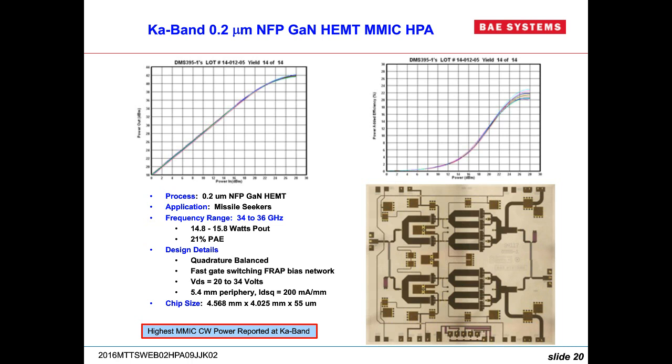If you're doing any power amplifier with large periphery, you basically have a very large capacitance with some series inductance, which causes phase shift as a function of frequency.